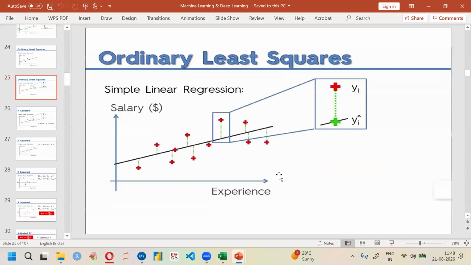Got my point? Have you understood? Please confirm with yes. Suppose we are saying that for a person with 3.5 years of experience, he should get 40K salary. What is the base for that? The base is the line with the highest R square. Who is deriving that, or framing that line?